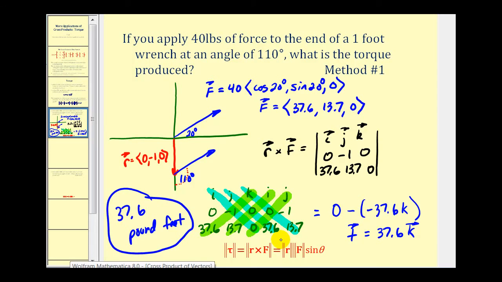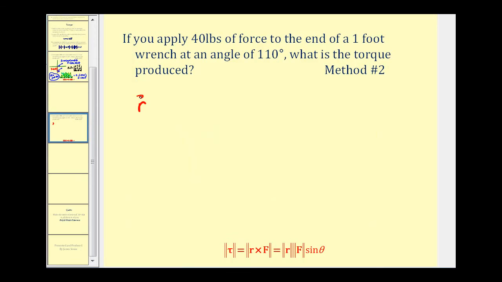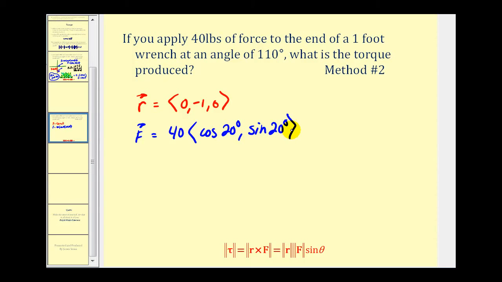Now let's go ahead and solve the same problem using a different method. Again, we already know that vector r has components 0, -1, 0, and the force vector was 40 times cosine 20 degrees, sine 20 degrees. This problem is actually a lot easier to solve using this formula here.